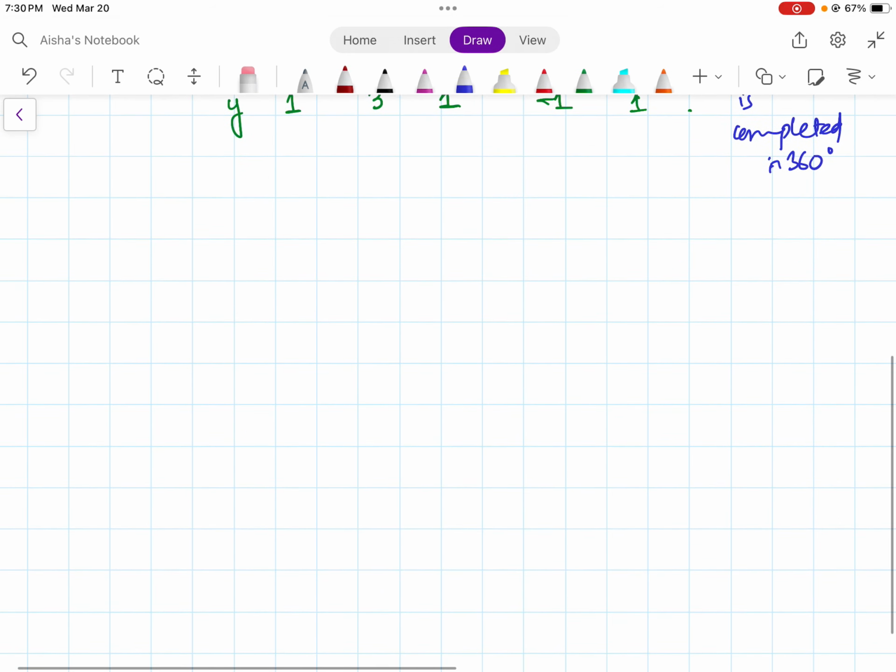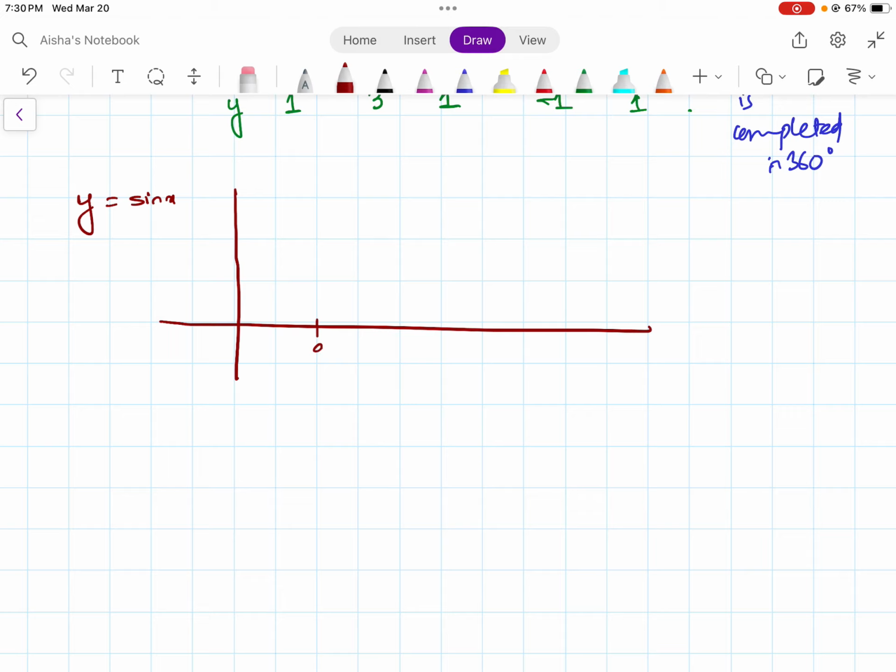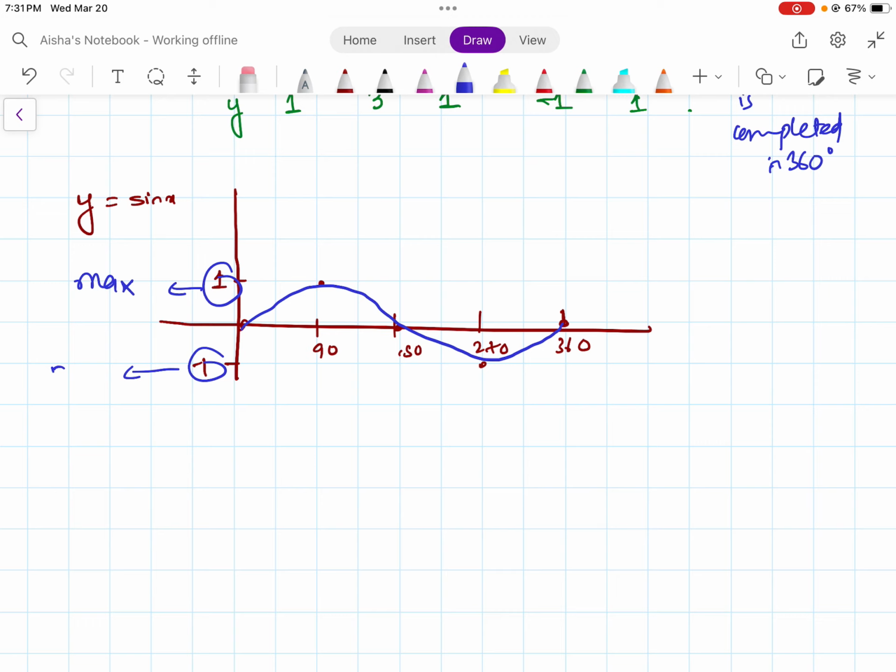If you talk about the basic sine graph, then y equals sine x is going to look like this. The maximum value is 1 and the minimum value is minus 1.